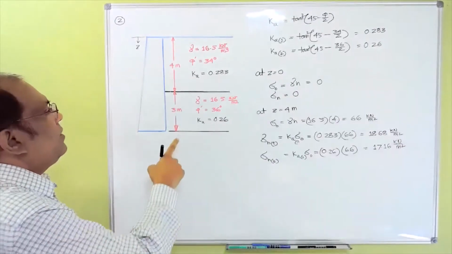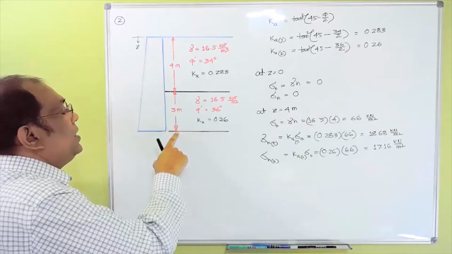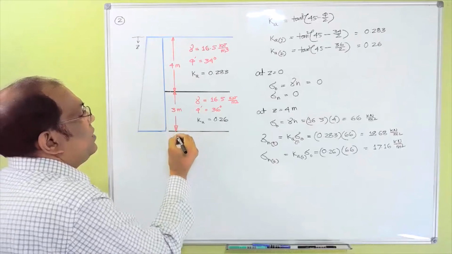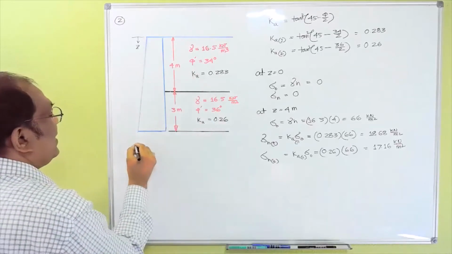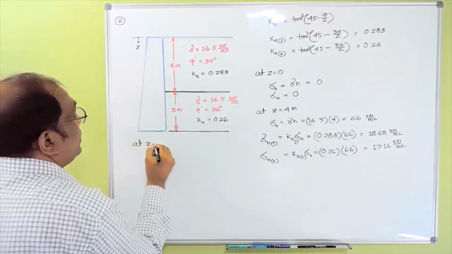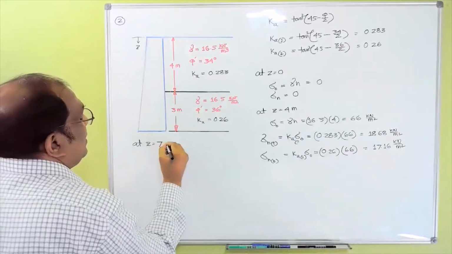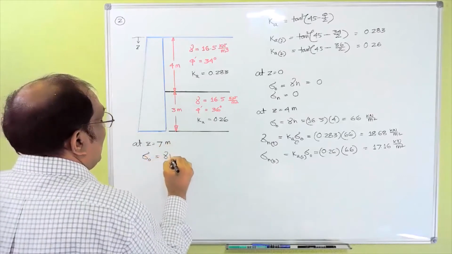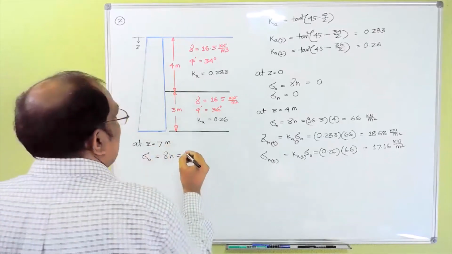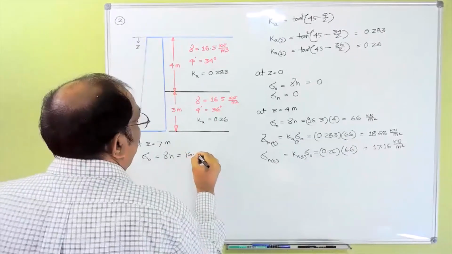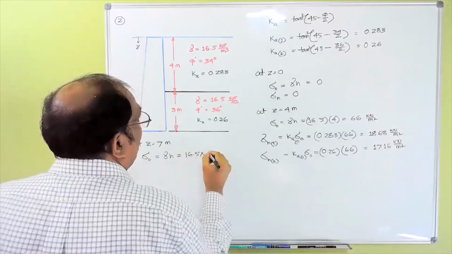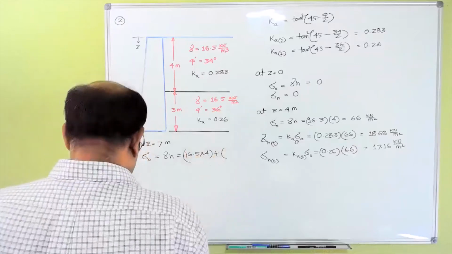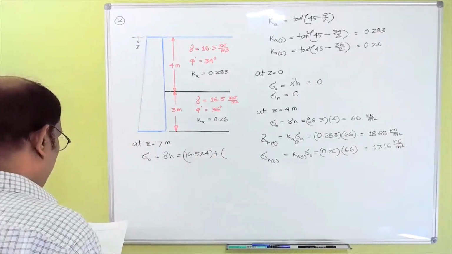Now we are going to find out what would be the vertical and horizontal pressure at the point at the bottom here. Okay, so at z equal to 7 meter, your overburden pressure is gamma h, which is 16.5 multiplied by 4 plus, actually both of them are 16.5.